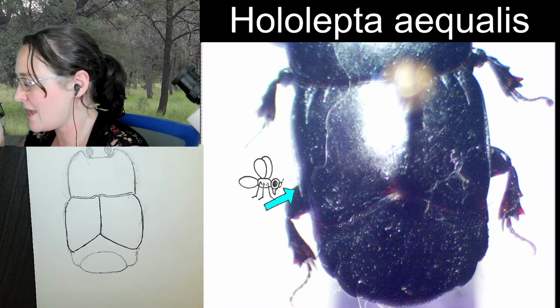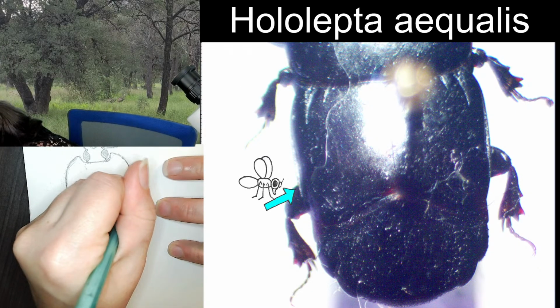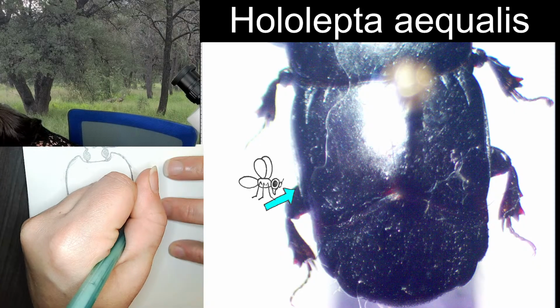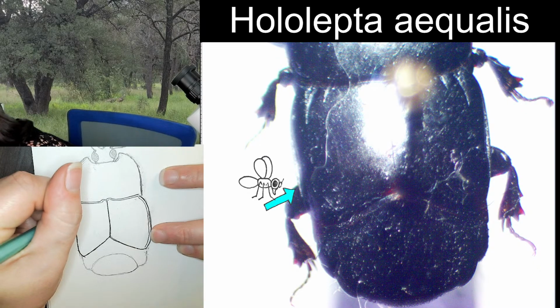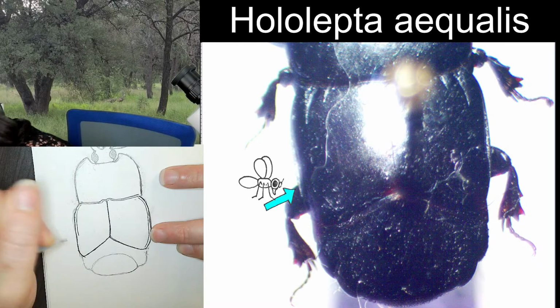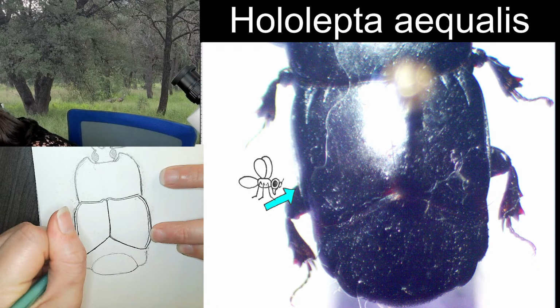And so I'm going to add those here. Just double lines around the outside, making sure that you don't touch the top or the bottom, because if you touch the top or the bottom, it doesn't look like a ridge, it looks like a suture.